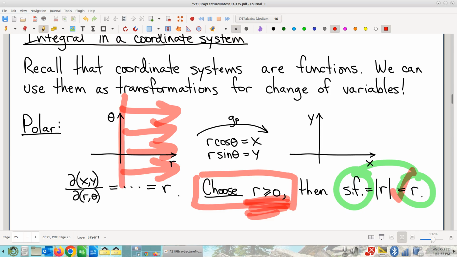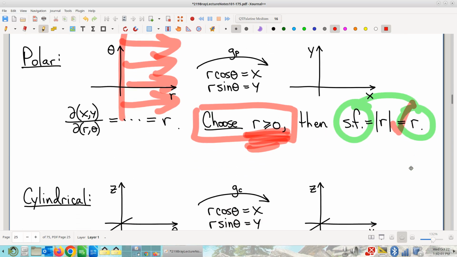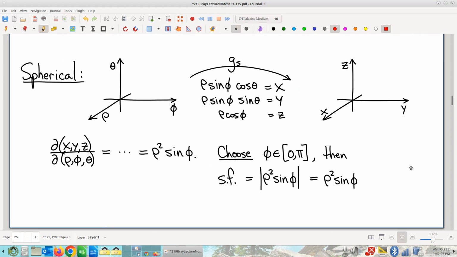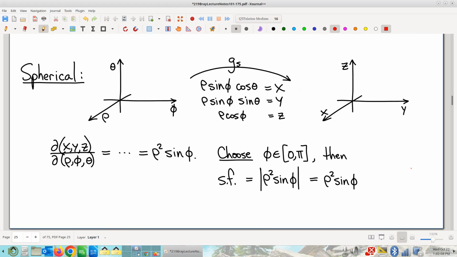Okay, so with all of that noted, while I'm here, I'll point out practically the same thing for cylindrical, practically the same thing for spherical, different geometric details, different formulas, different small price to pay. But basically the same ideas.